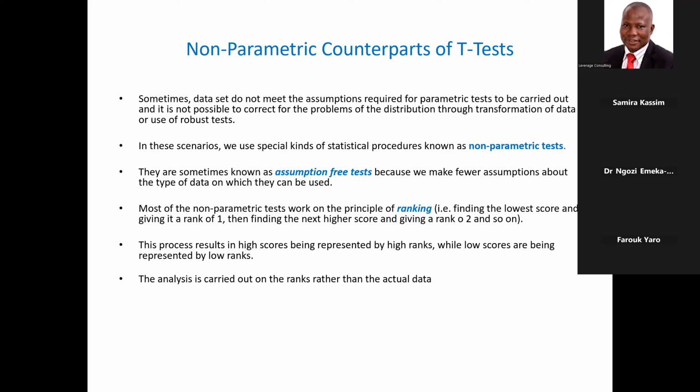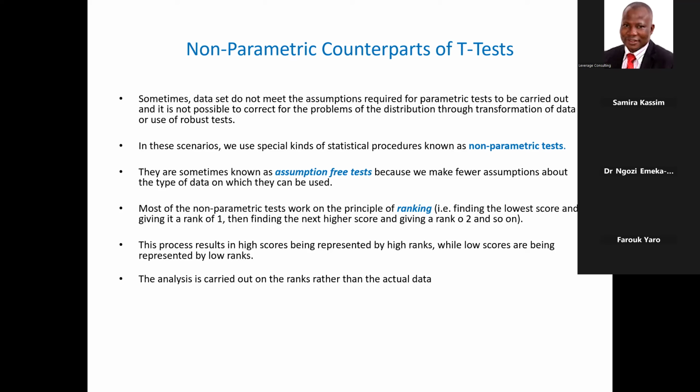Most non-parametric tests work on the principle of ranking. You rank from ascending order. So I find the lowest score, giving it rank 1, and find the next higher score and give it rank 2, and so on. This process results in a high score being represented by a high rank, while a low score is represented by a low rank.